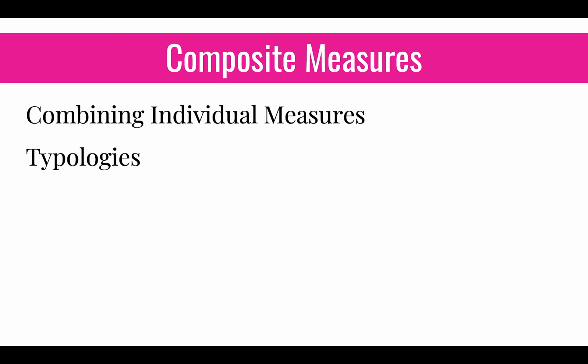So anywho, typologies are combining variables in different ways to produce different composite measures. Sometimes we call this a taxonomy instead of a typology, same diff, right? Typologies are produced by the intersection of two or more variables that create a set of categories or types. And the book gives this example of an index of disorder, right?